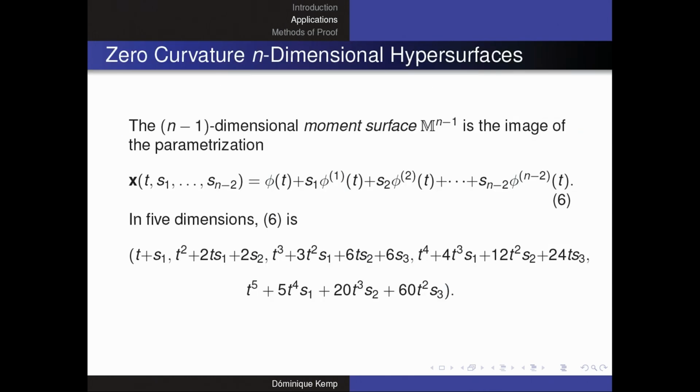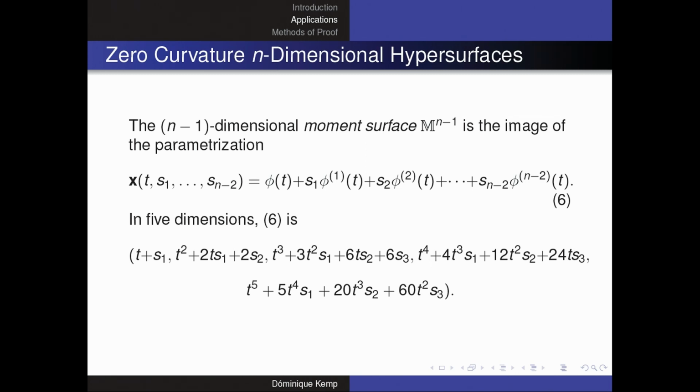And you can actually extend the moment curve into a full-blown hypersurface in Rn by taking phi, which we're thinking of as the moment curve. And here I wrote out some of those values for n equals 5. But then you extend along the various derivative vectors by using s_i parameters.